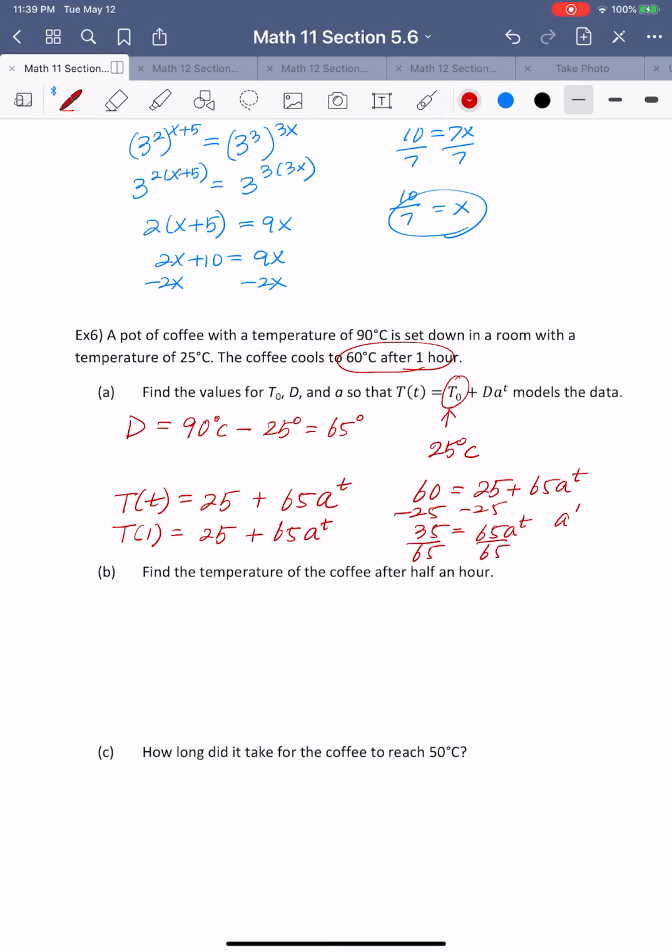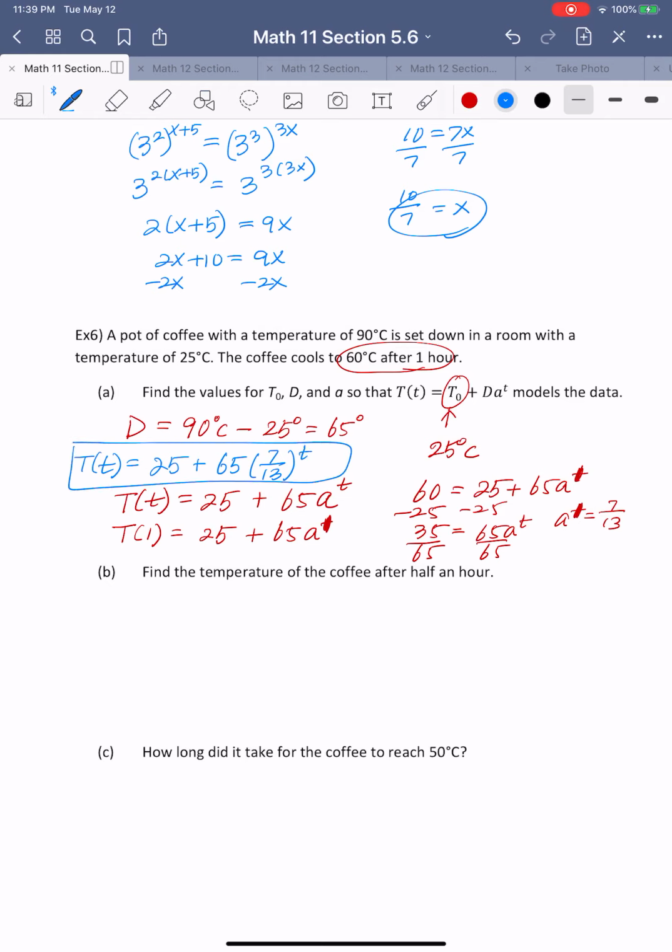And then A to the t equals 7/13. And then t is 1. What am I talking about here? Sorry about that. T(1), because T(1) is what you're using. So A is 7/13. So we got the full equation. Now your T(t) is 25 as T sub 0, 65 as D, and A is 7/13, to the t power. So that's what you're looking for.